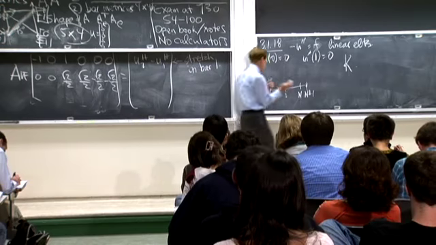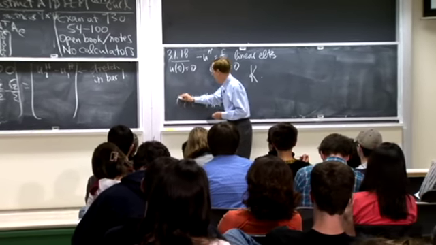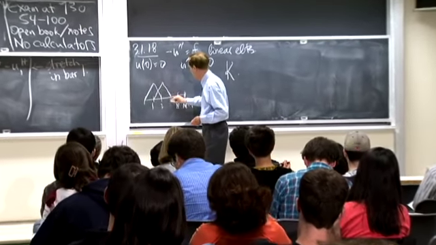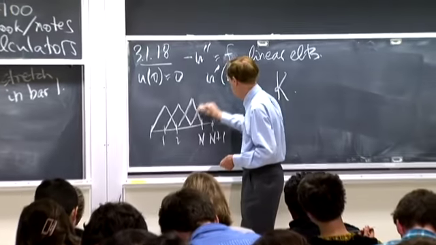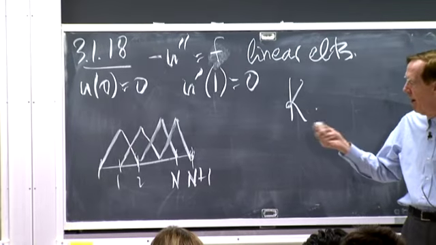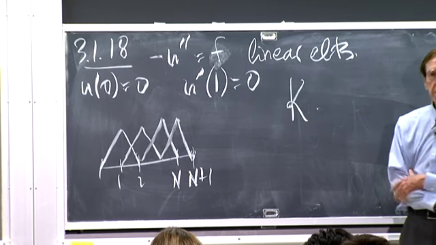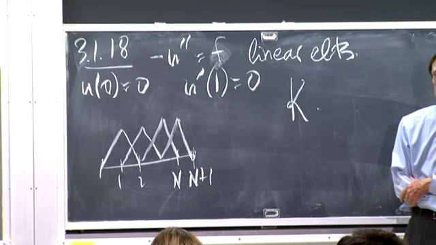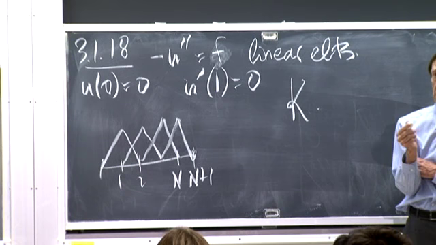Anyway, the point of this question is, okay, I have a hat function, a hat function, a hat function, a hat function, and is that the end? Is that the complete list of my trial functions? One more, right?